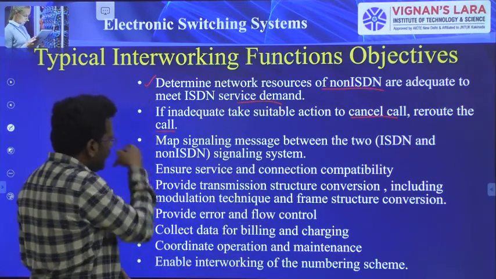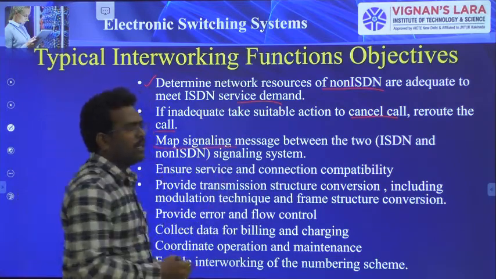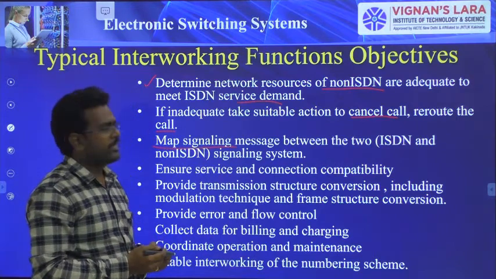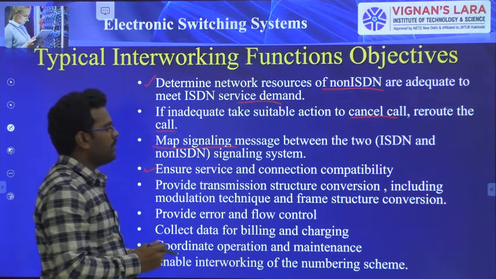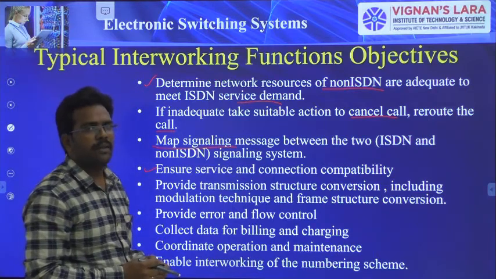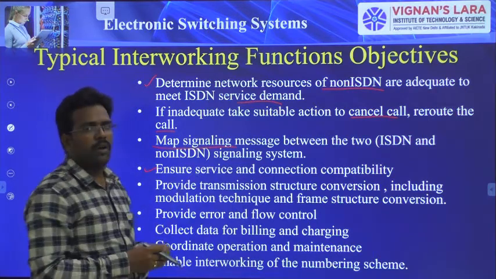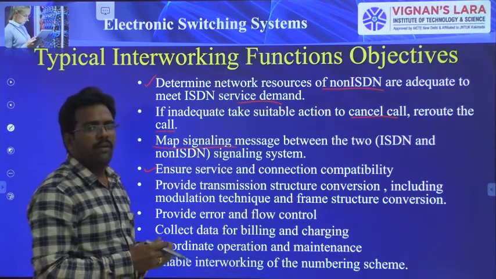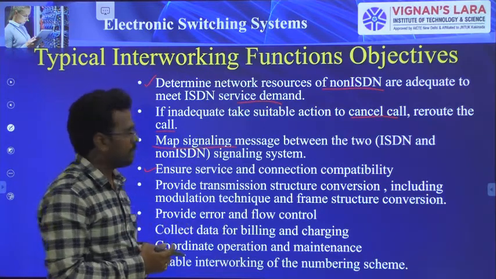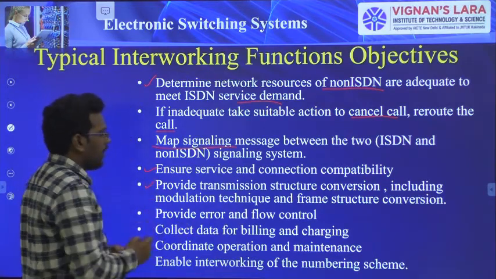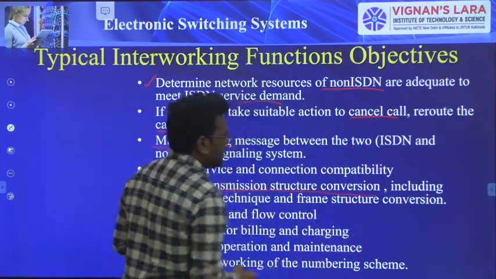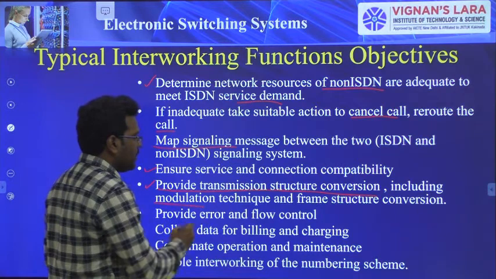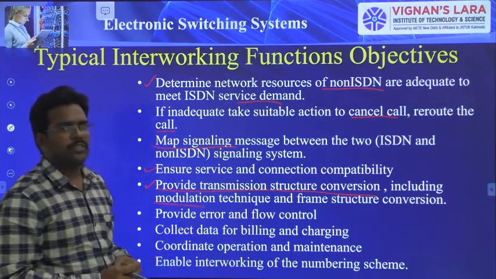The third one is mapping signaling messages between the ISDN and non-ISDN systems. Next is to ensure service and connection compatibility. Next is providing transmission structure conversion, including modulation techniques and frame structure conversions.